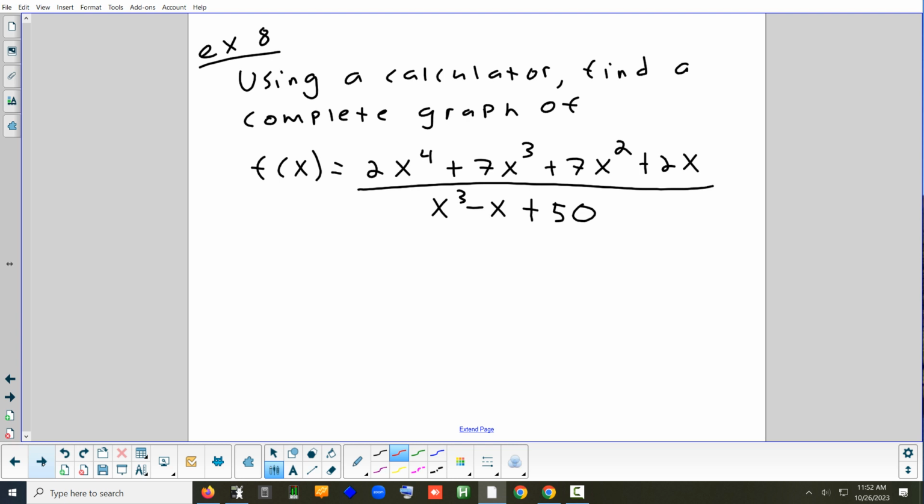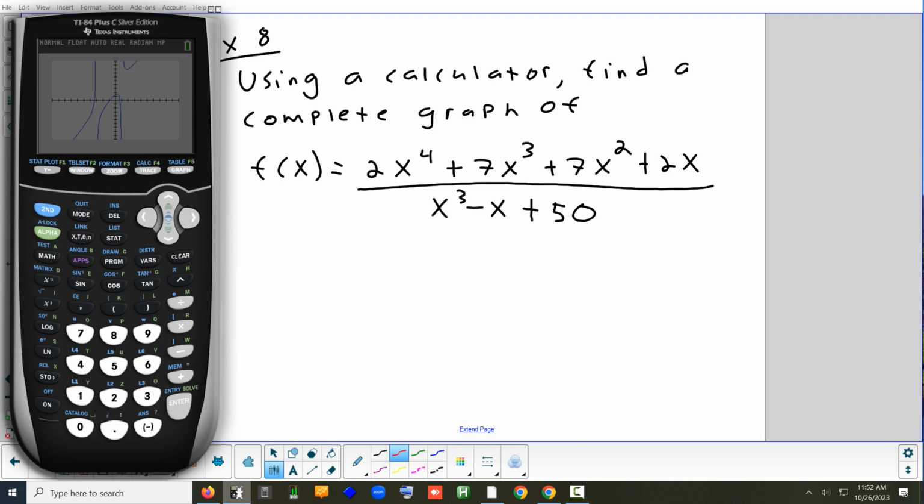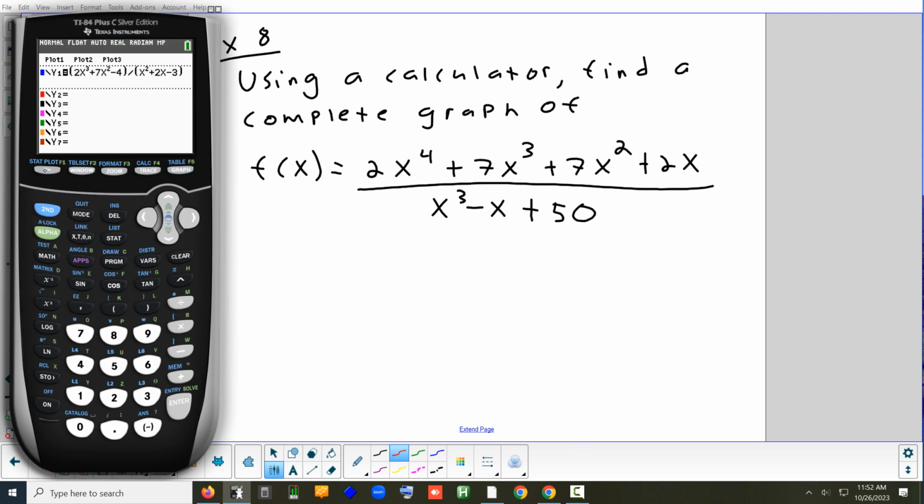All right, let's try to graph this one on the calculator only, not by hand, and find a complete graph. We've done a lot of complete graphs. That's nothing new, but chances are there's something happening here that we're going to need to be careful about.